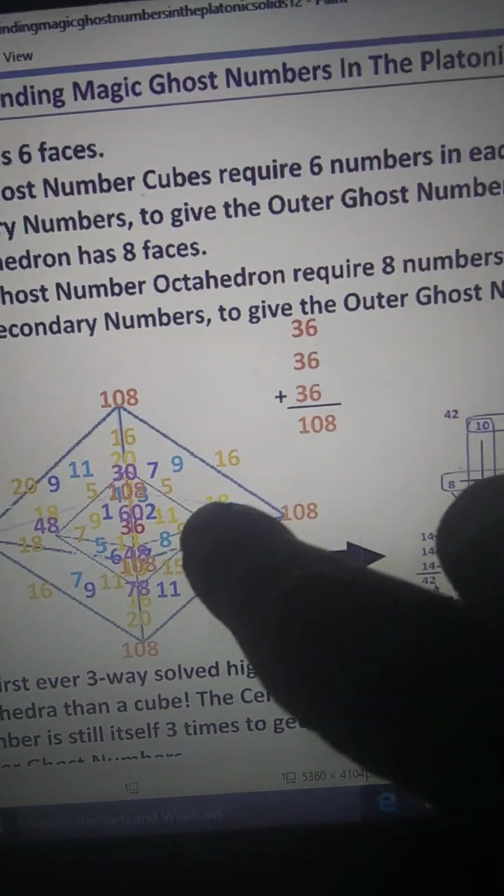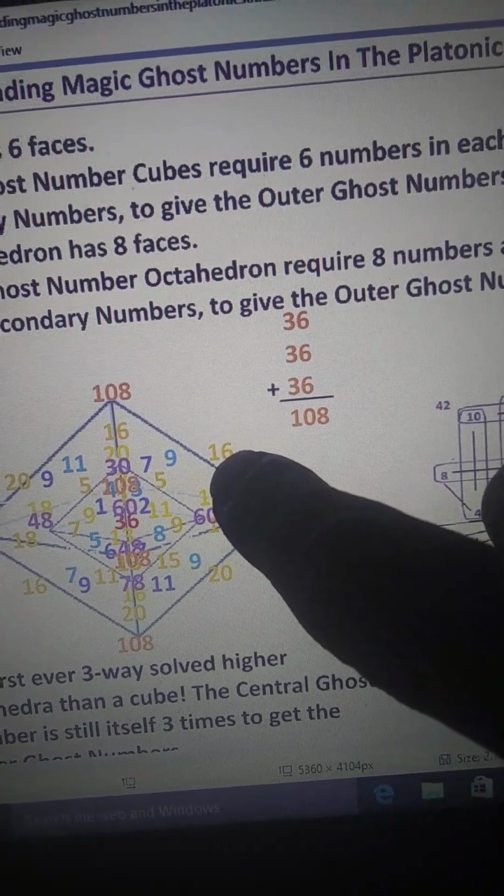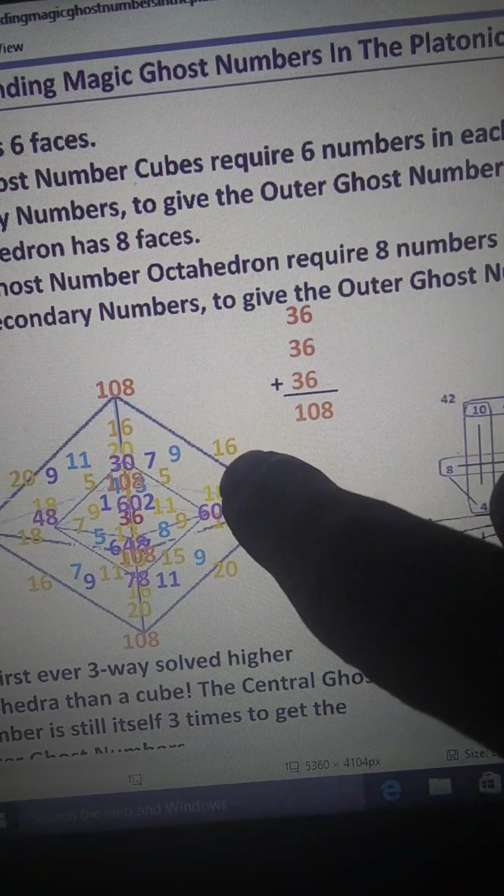The primaries are the light blue, which is in the back, and the dark blue, which is in the front of the inner and outer octahedron. And then the secondary numbers are the orange in the front and the yellow in the back of the outer octahedron.